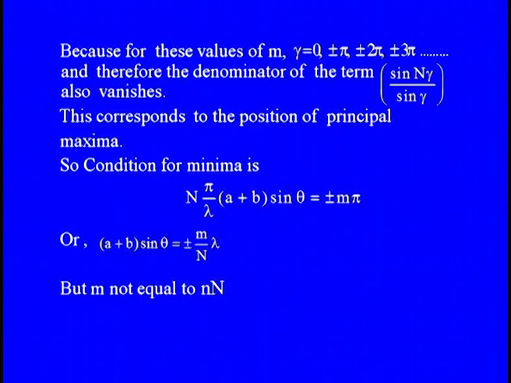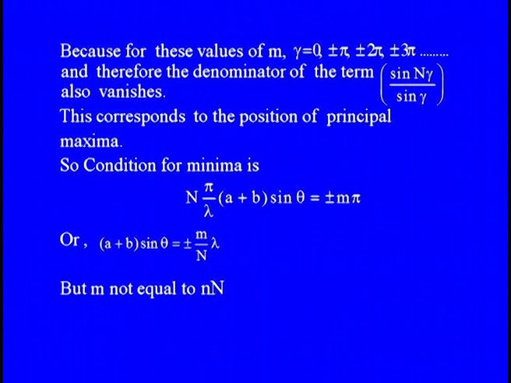Because for these values of m, gamma is equal to 0, plus minus pi, plus minus 2 pi, plus minus 3 pi, and so on, and therefore the denominator of the term sin N gamma upon sin gamma also vanishes. This corresponds to the position of principal maxima.